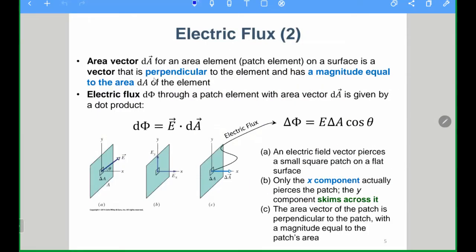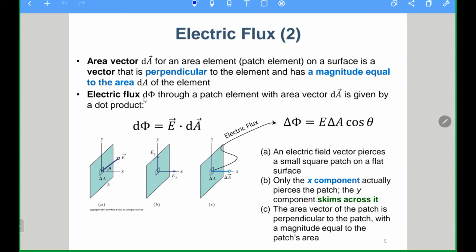So here is the mathematical definition for the electric flux. Of course we need to use some calculus notation to really define it. Here we will have the electric flux d phi for a small area.